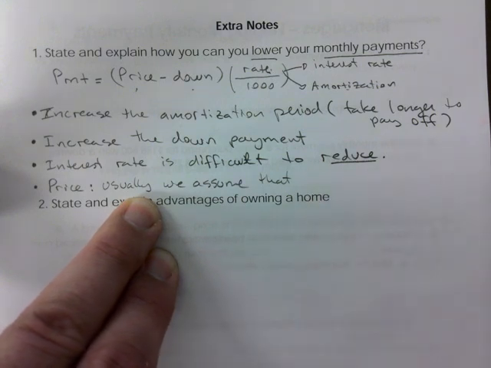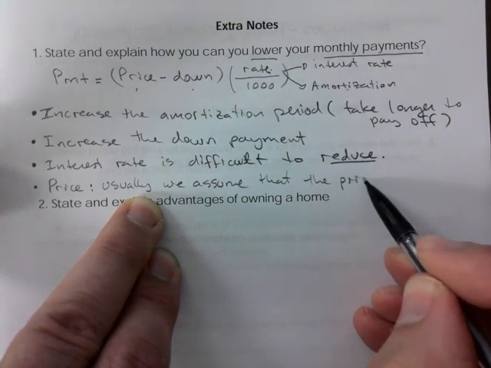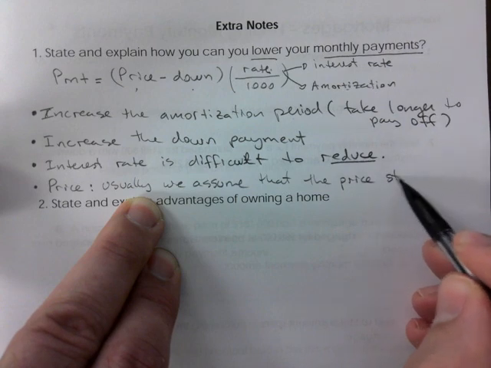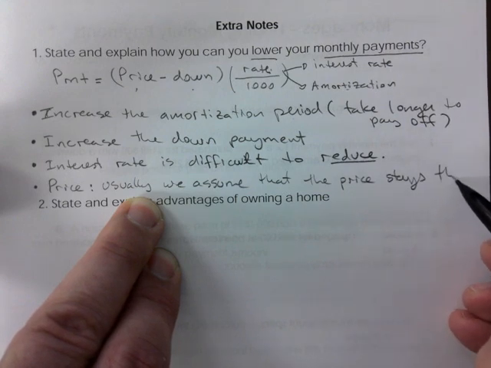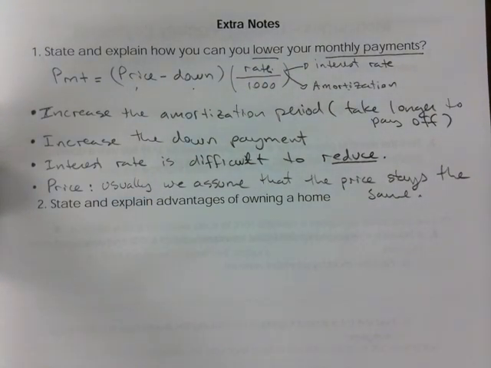Like, that's the kind of price range you're looking for. We assume that the price stays the same. Yes, you can say I'm going to go shop for a cheaper house, but let's say you want to live in Seven Oaks, right?